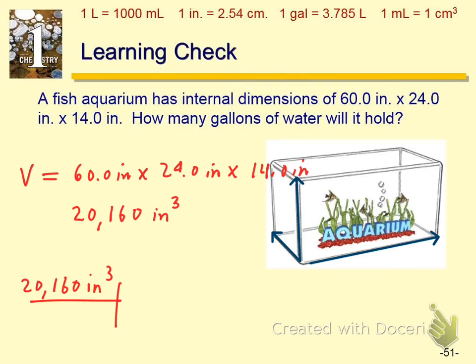What do we get as an answer? 87.3. How about in the back? What did you get? 80. Same thing. Okay.